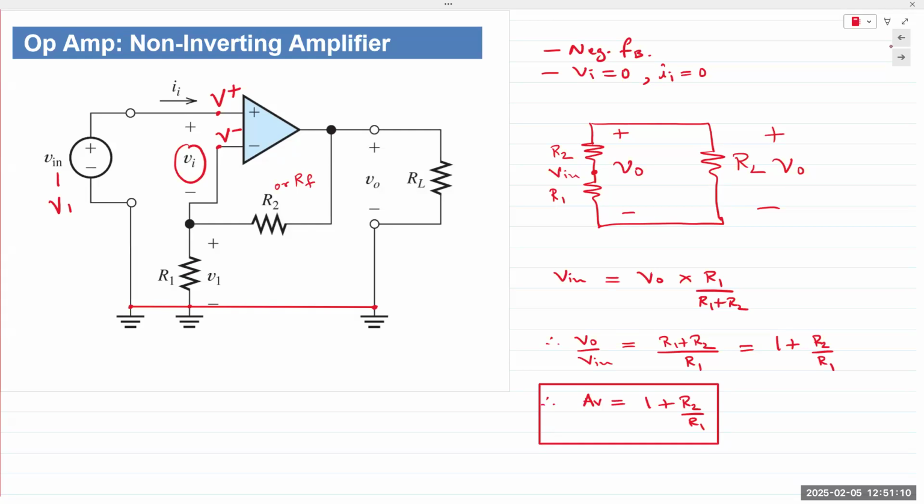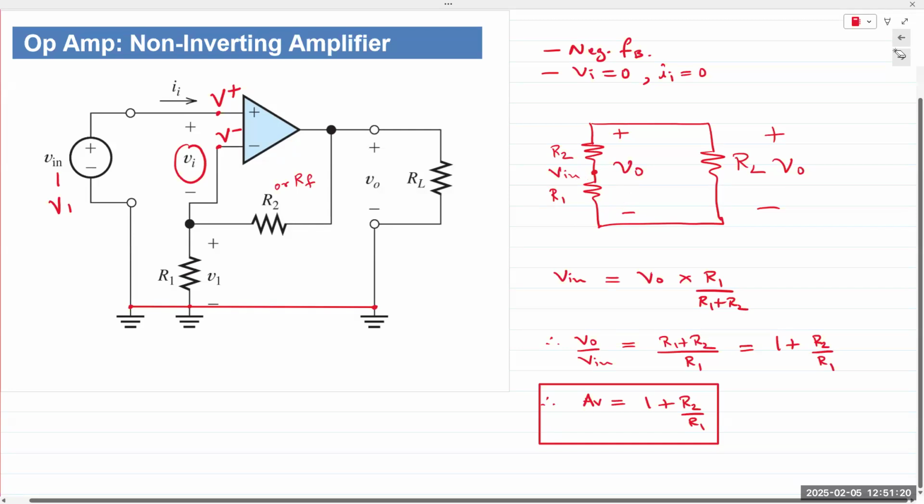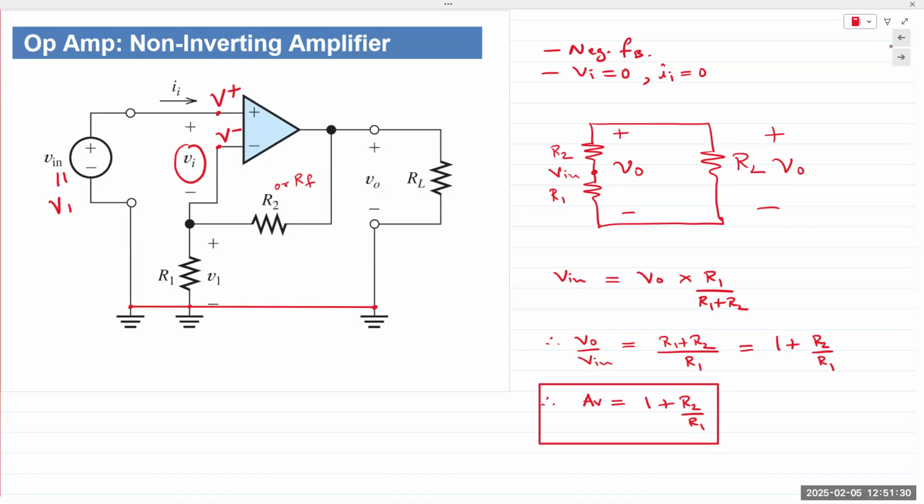And so we can state the voltage across R1, which is right here, is equal to V in. And then from voltage division, we can write that is equal to VO times R1 over R1 plus R2. Rearrange the terms to obtain an expression for V out over V in, and we get 1 plus R2 over R1.